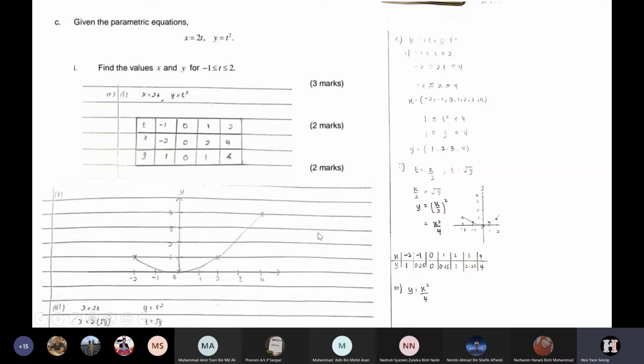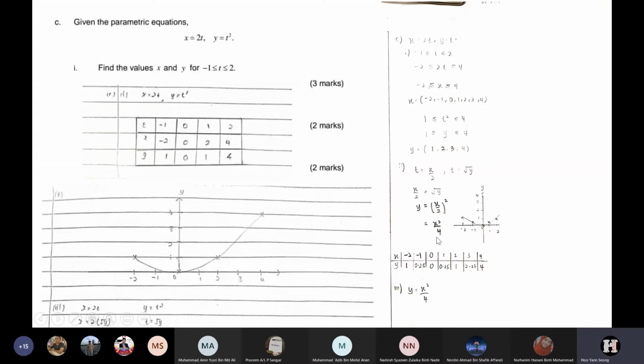He draws one line, so he gets 2 marks. The other person, the right-hand side person, didn't put in a table. What he did is he changed the question from parametric into Cartesian.